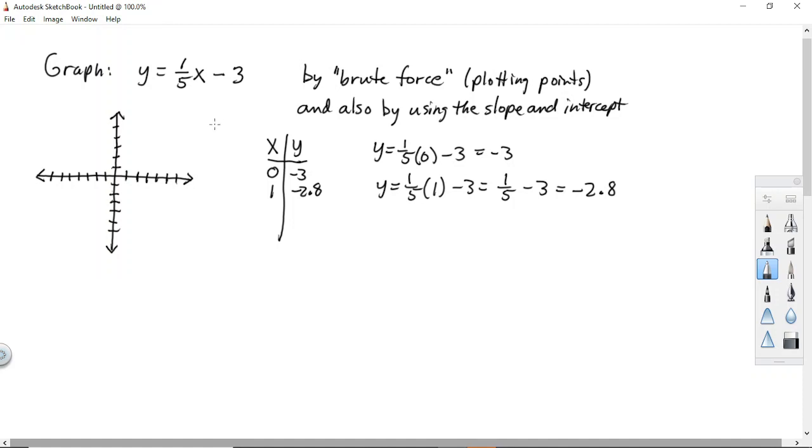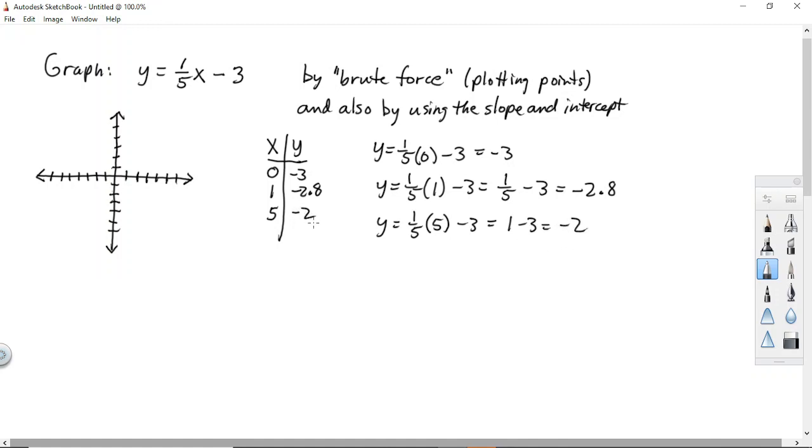Hopefully you realize, well, if x was 5, then 1/5 times 5 would be 1. So let's put in 5. And let's make sure it comes out like that. 1/5, we're putting in 5 for x, minus 3, and sure, 1/5 times 5 is 1, minus 3 equals -2.